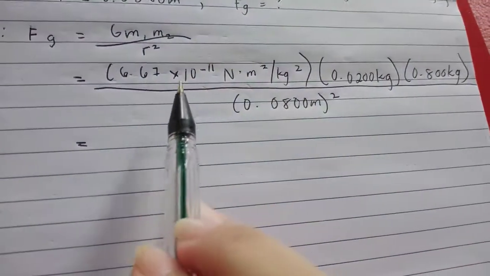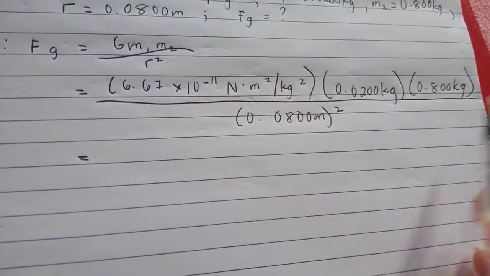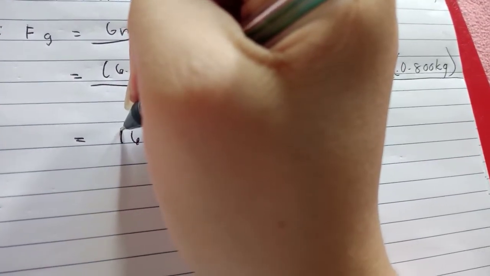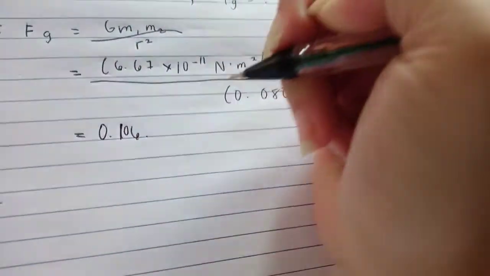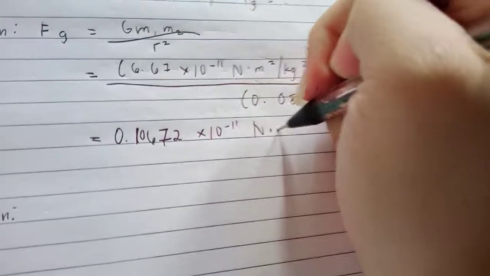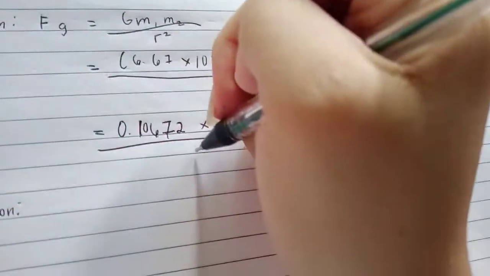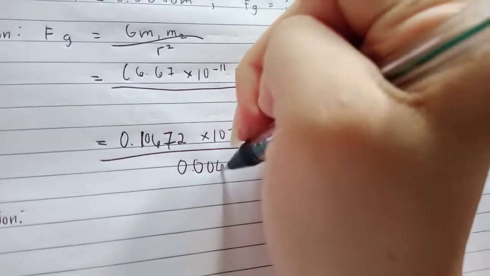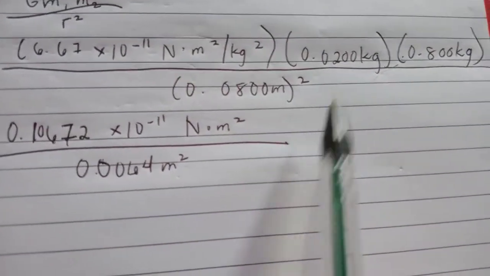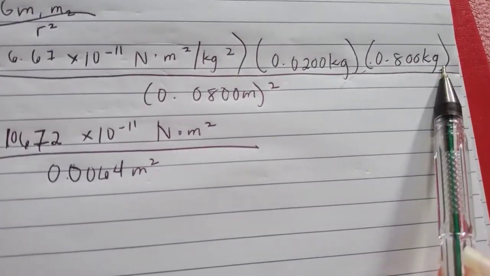So the product of this and this and this will be 0.10672 times 10 raised to negative 11 Newton meter squared over 0.0064 meter squared. Why Newton meter squared? Because kilogram times kilogram is kilogram squared.